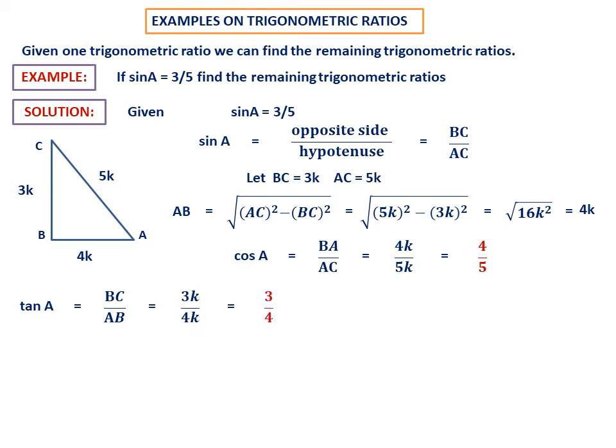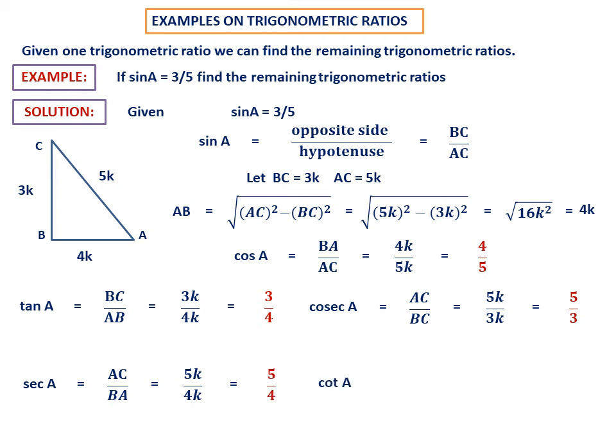So 3k by 4k, so 3 by 4. Similarly, cosec A. Cosec A equal to AC by BC, that is equal to 5k by 3k, that is 5 by 3. Similarly, sec A, you can write AC by BA, it is the reciprocal of cos actually. So cancelling k, we get 5 by 4.